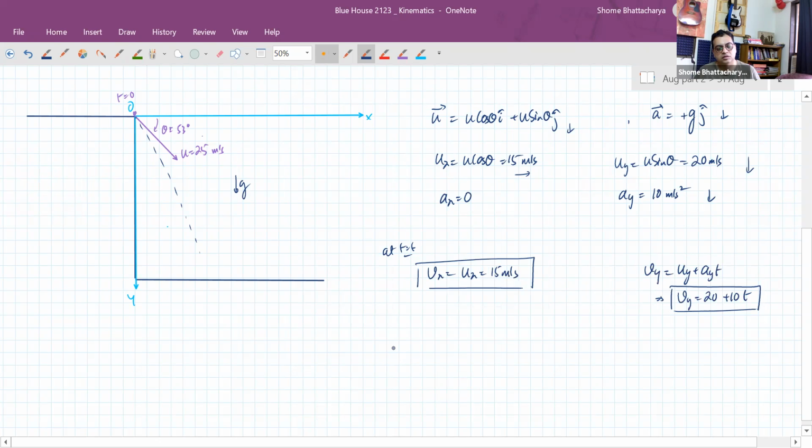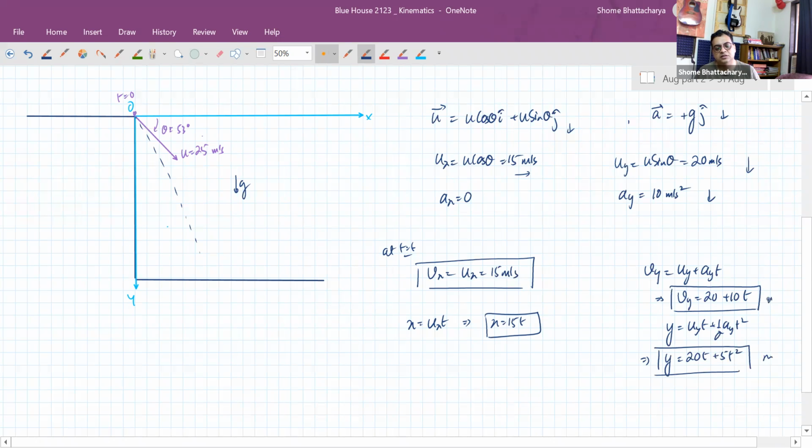Whereas similarly, the x component of displacement will be 15t, whereas the y component of displacement will be 20t plus 5t square, in meters. This is in meters per second. Okay. So these are the equations that we need to solve.